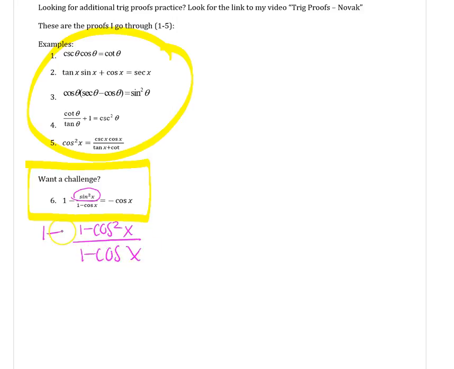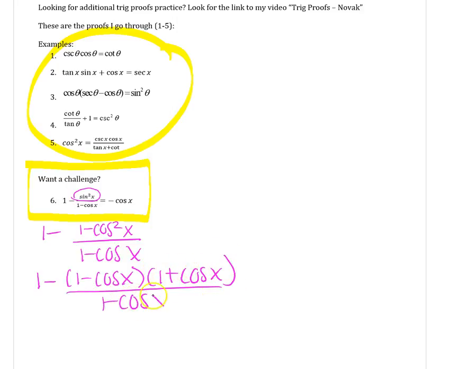I still have the 1 minus hanging out of here. 1 minus cosine squared of x, that's a difference of 2 perfect squares. I can actually factor that. 1 minus cos of x cancels, so this leaves me with 1 minus 1 plus cos of x.